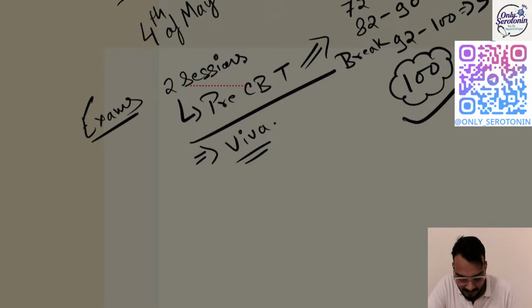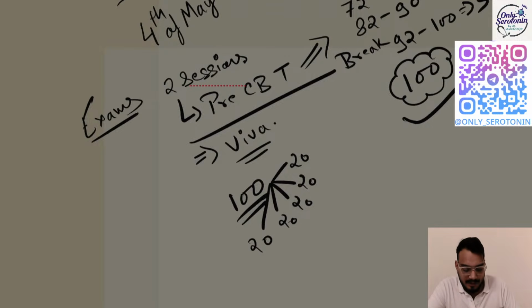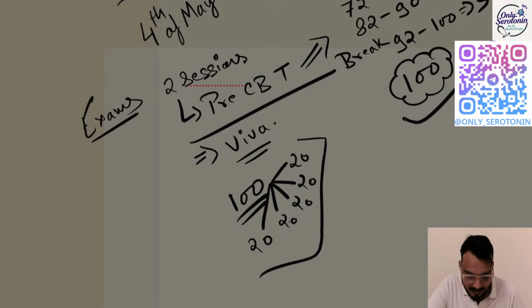Then we will have Viva after the break, and Viva will also be of 100 marks, guys. In this, you will have 5 questions, each of 20 marks. Now it depends on the teacher how the questions will be asked. For those who are my students, in each 20 marks I will give you four different questions of around 5 marks.